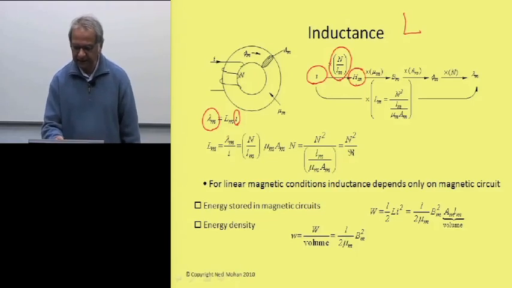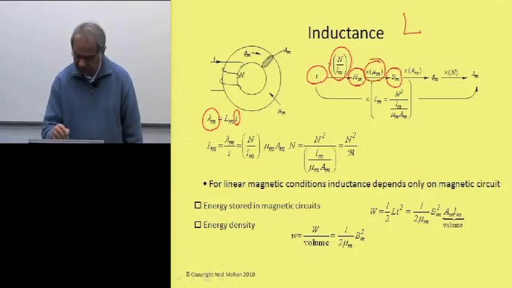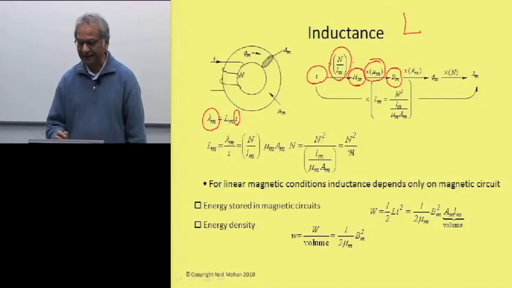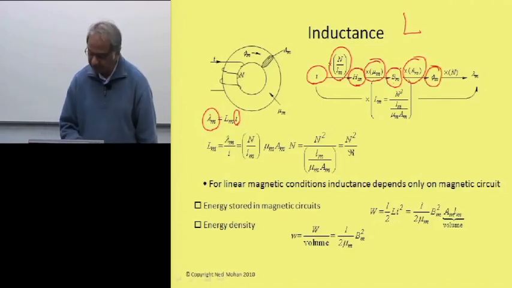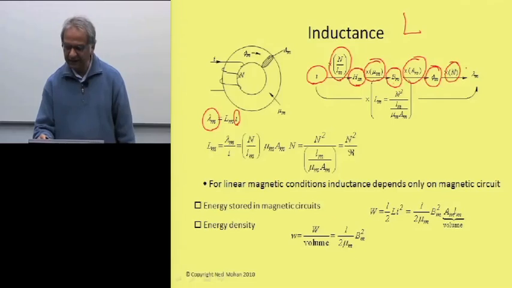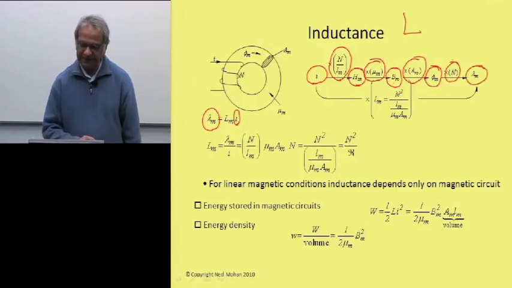Well, this magnetic field intensity would produce a flux density in this core, which is H sub m multiplied by mu sub m. Then this flux density flowing through a cross-sectional area of the core would give us this flux, and this flux linking N turns would give us this flux linkage.